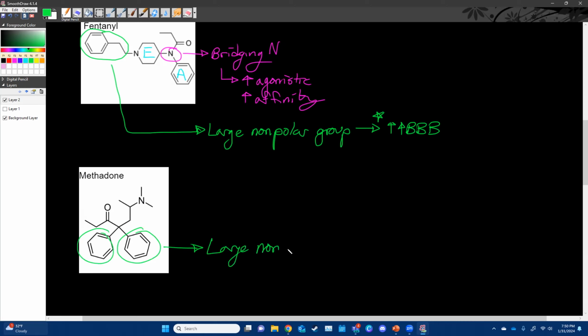So large nonpolar groups increasing blood-brain barrier penetration. A, E. Any questions about these?